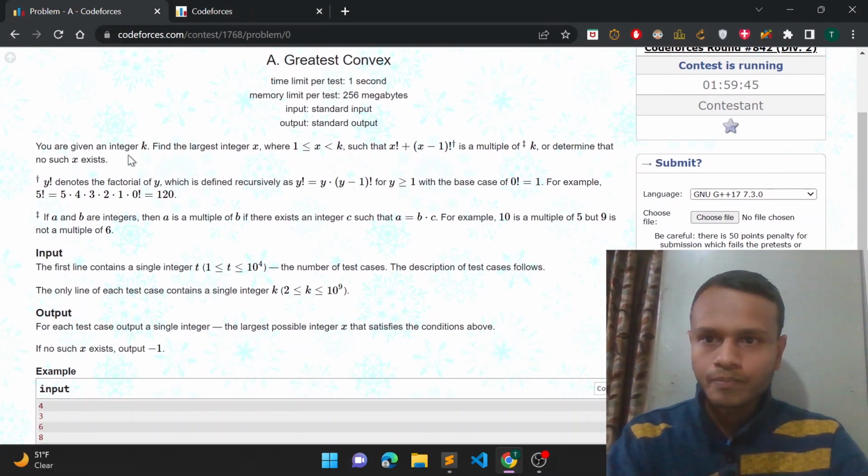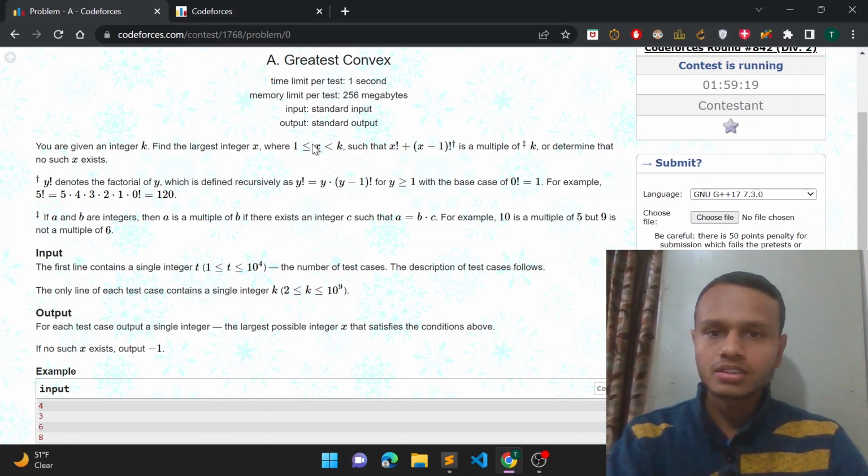Okay. Given an integer k, find the largest integer x, where x is between 1 and k, such that x factorial plus (x minus 1) factorial is a multiple of k, or determine that no such x exists.